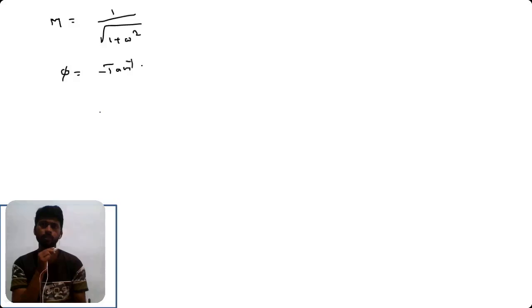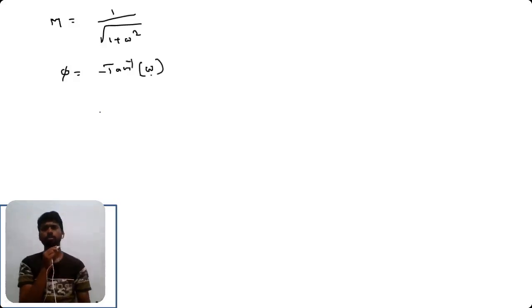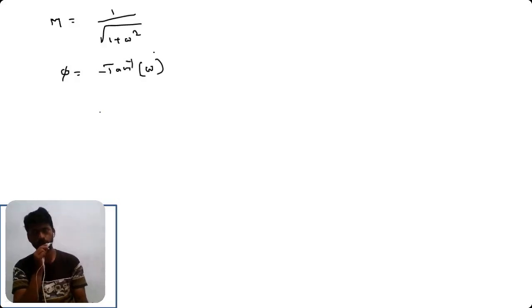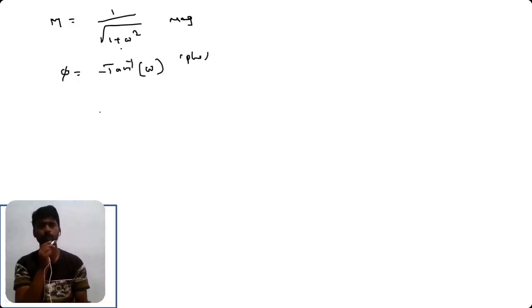So finally we got magnitude M equals 1 by under root 1 plus omega square, and phase angle phi equals minus tan inverse of omega. If you observe these two equations, the magnitude equation and phase angle equation, each one is a function of frequency omega.